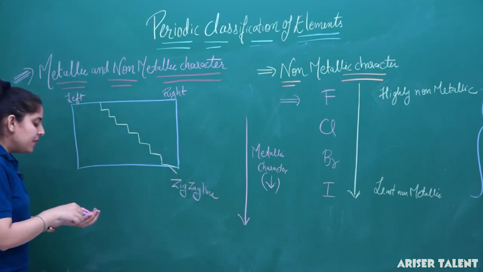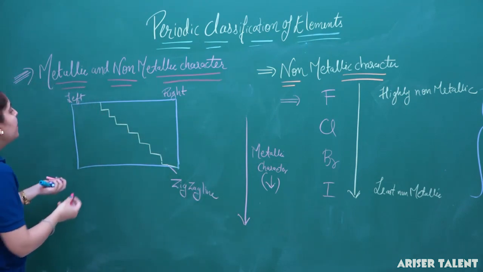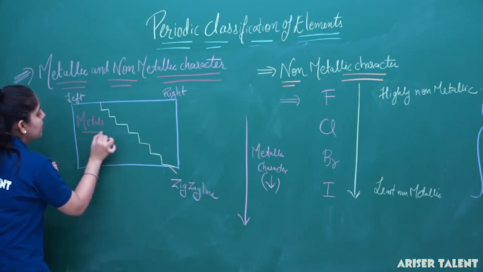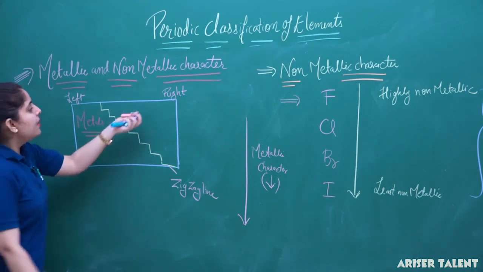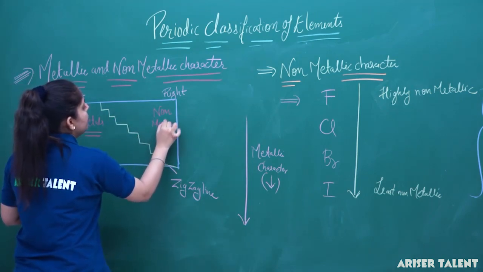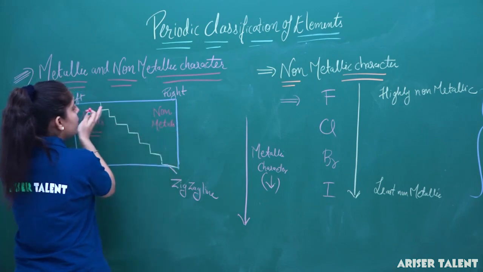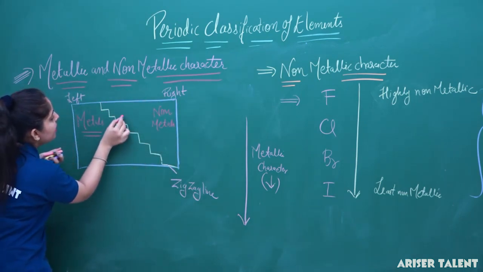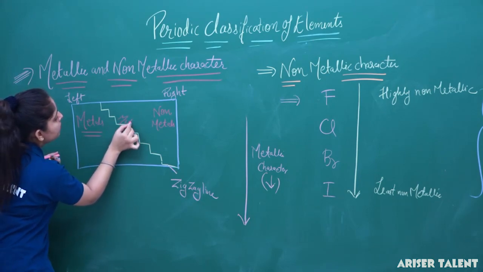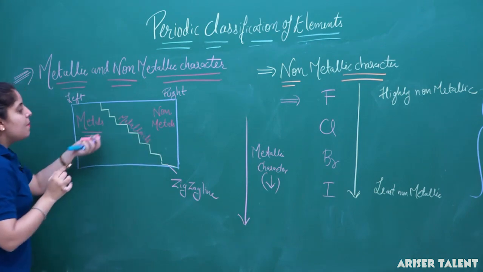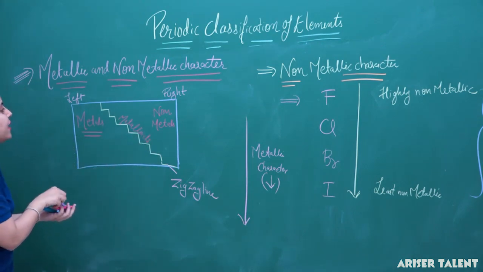So we can observe that in the extreme left of the periodic table, metals are present. But in the extreme right of the periodic table, what are present? Non-metals are present, because the non-metallic character is going to increase here, and this zigzag line is composed of metalloids.